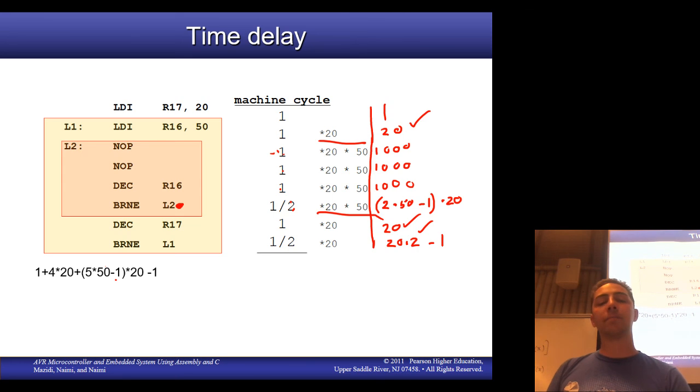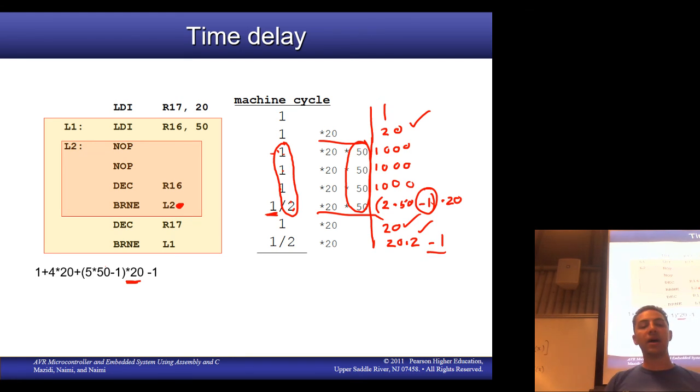It's all the same. Okay, this was adding up those, because that's how long that loop takes, multiplying it by 50, and then subtracting the 1 to deal with the branch penalty. And then all of that times 20. Finally, there's my minus 1.